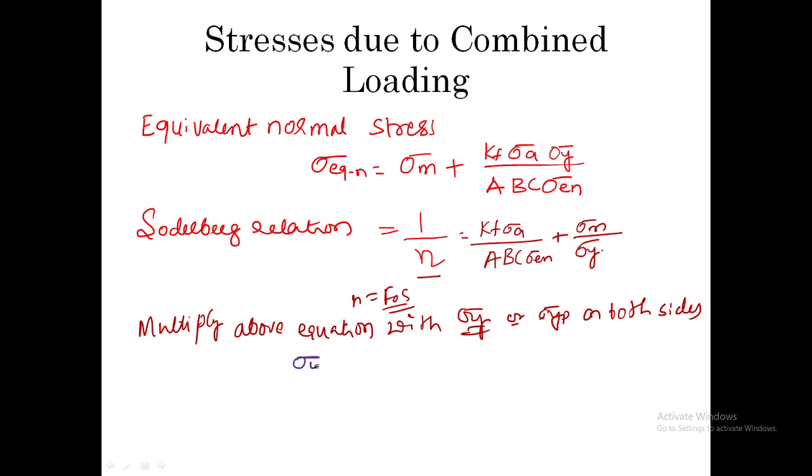Sigma y by n equal to Kf into sigma a into sigma y divided by a b c into sigma en, plus sigma m into sigma y divided by sigma y.